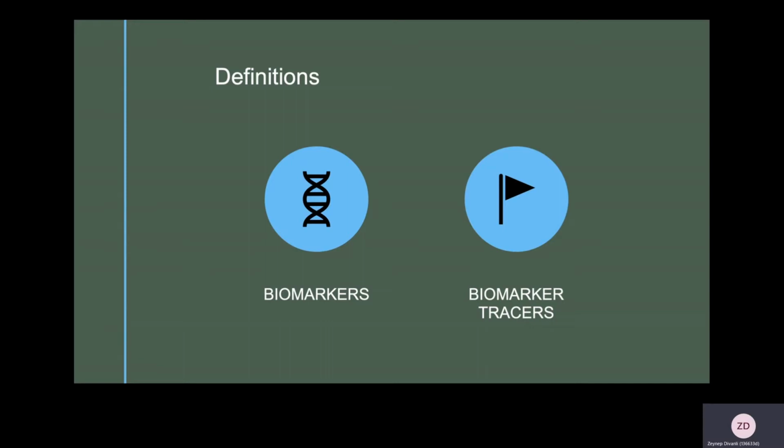The use of biomarker tracers can range from medicine, pharmaceuticals, geochemistry, botany, geology, and other branches of biology and chemistry. Most biomarker tracers are derived from natural products, and today I will be mostly focusing on a few natural products as biomarker tracers in geochemistry and environmental studies.